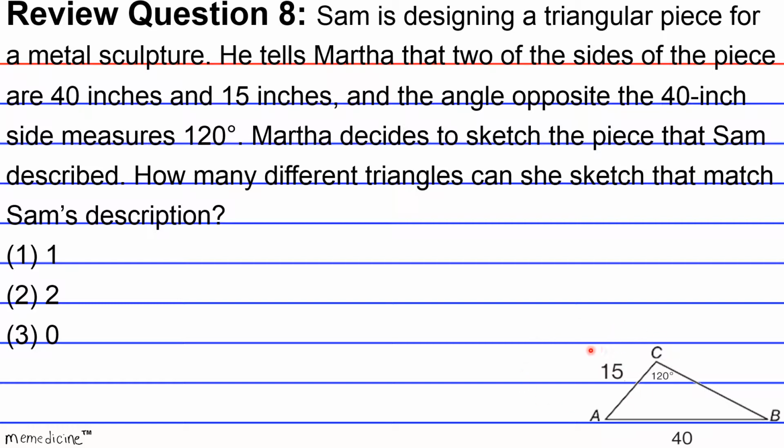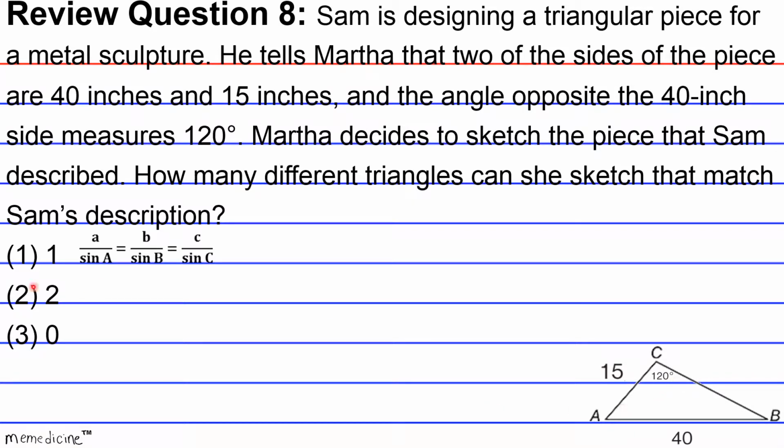And in order to figure out whether it's 1, 2, or 0, we have to use the law of sines, okay? So to find the measure of angle B, that's what we're going to do next. Since we have side b, we're going to use the law of sines. The law of sines basically states that in a triangle, the sines of the angles, so the sine of A, is in proportion to the sides directly opposite them.